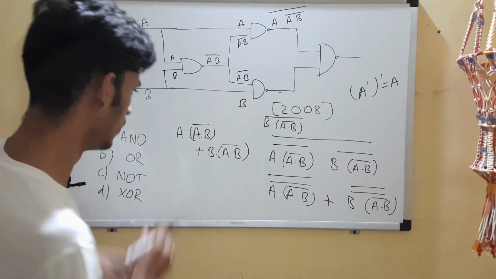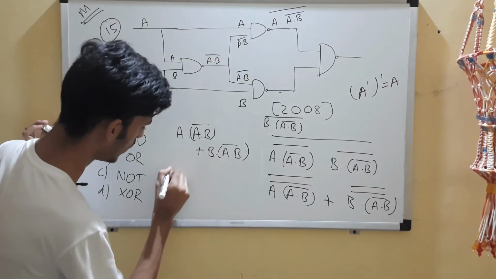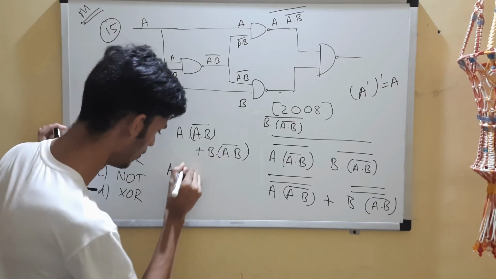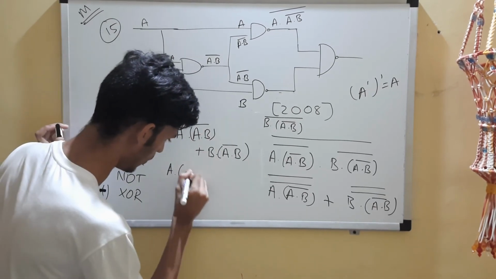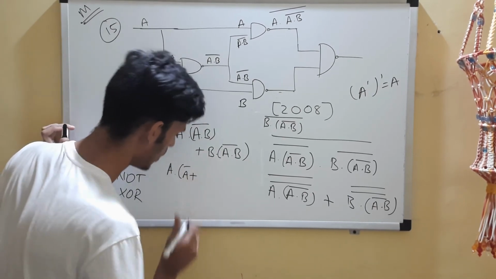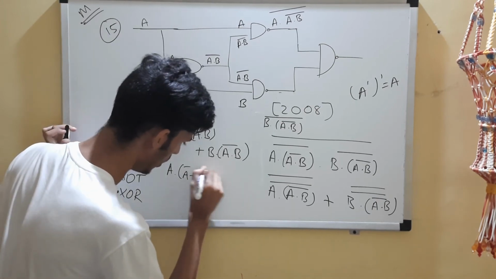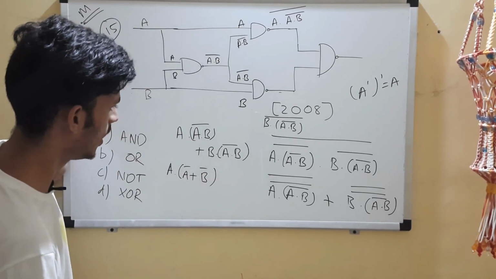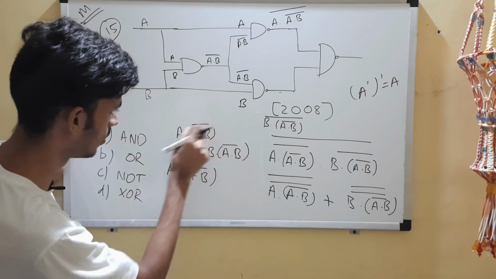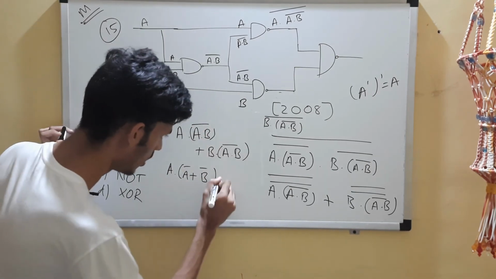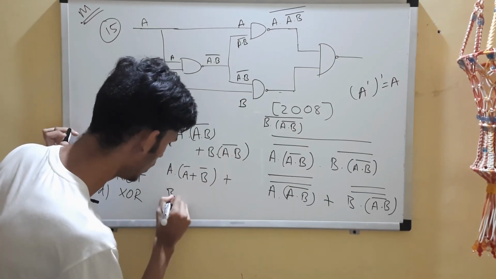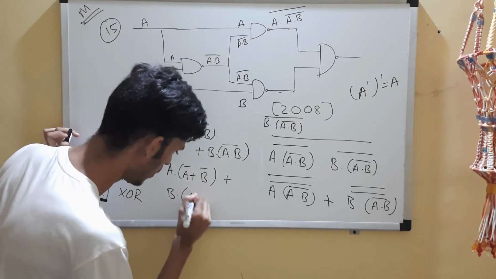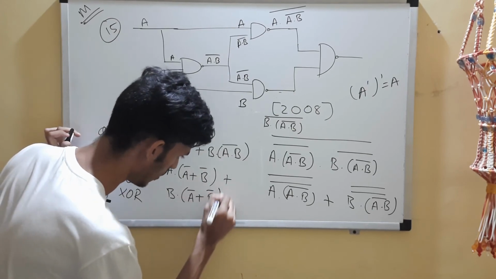Now again we can use De Morgan's theorem. Break the line, change the sign. That will be A into (A complement plus B complement). Again you do the same thing over here: B into (A complement plus B complement).